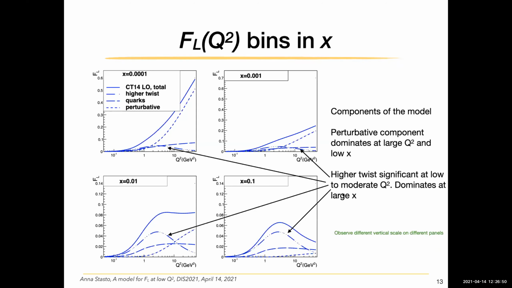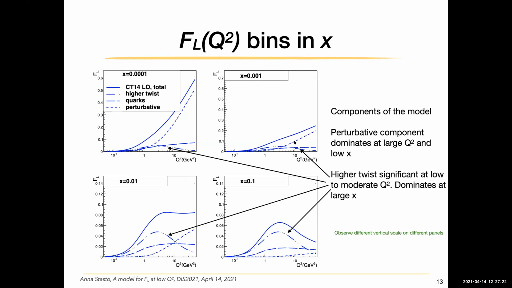In terms of the different components, obviously the perturbative component dominates at large Q-square and low x, like we all know, but the higher twist is significant, like we would expect, at low to moderate Q-square. In each of these plots you see this higher twist, which has this characteristic behavior. It vanishes as Q to the fourth at low Q-square, and then it vanishes like 1 over Q-square at high Q-square.